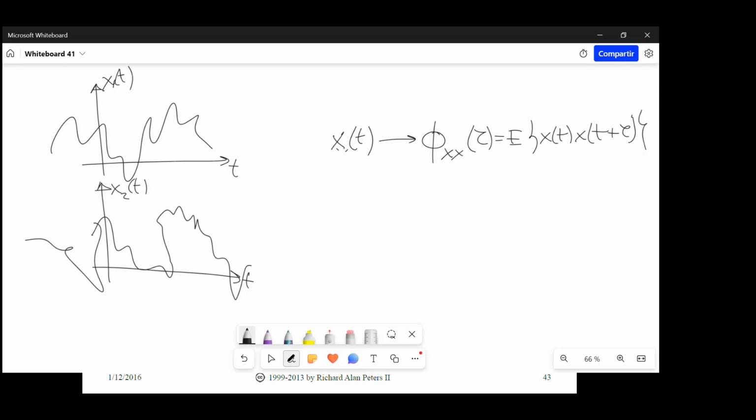Do you remember that thing? That was the autocorrelation. And now you do the Fourier transform of this, and this is your power spectrum. The power spectrum density of X at the given frequency omega is the Fourier transform of the autocorrelation.